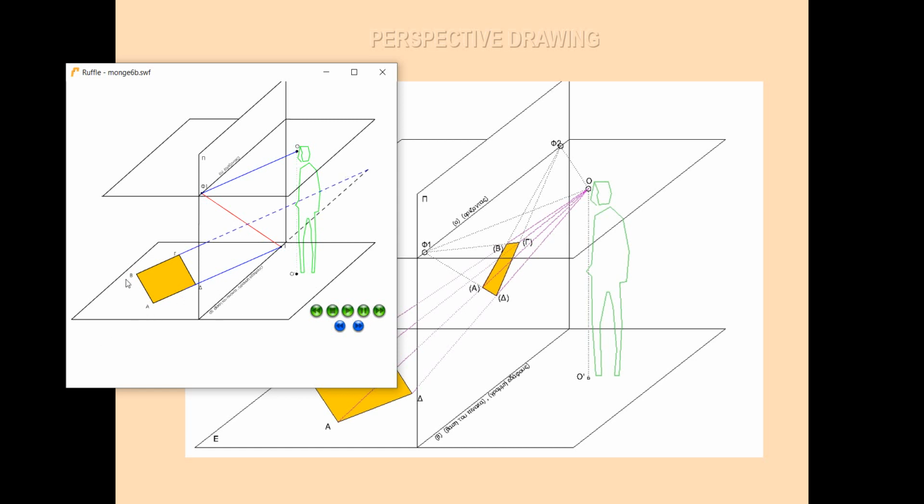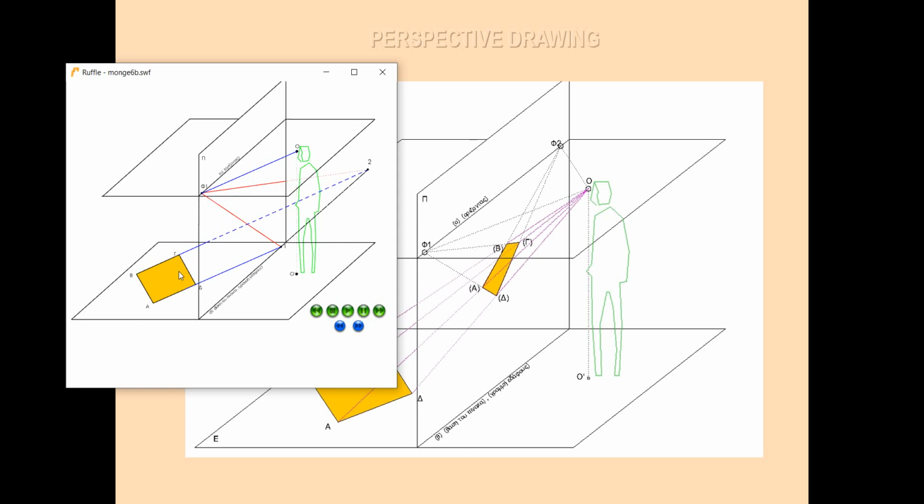We do the same procedure for this side of the square. We extend the side until it reaches the baseline of the perspective plane at point 2. Since those two lines are parallel, if we join point 2 with phi1, we have the perspective image of this side of the square.